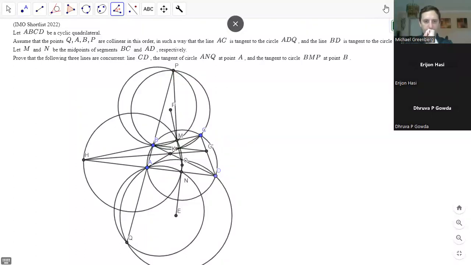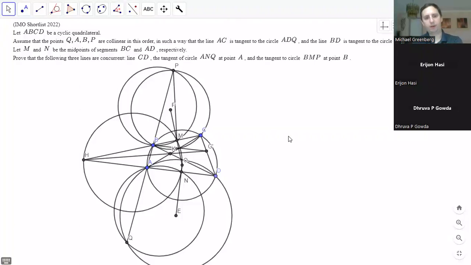Can we try to do something like angle chase to use that AC is tangent to ADQ? AC is tangent to ADQ. Well, also BD is tangent to CBP or whatever. Yeah, because we have to somehow use that fact. We do have to use that fact, yes.